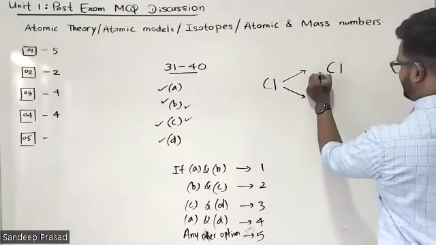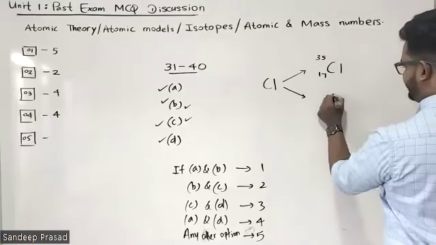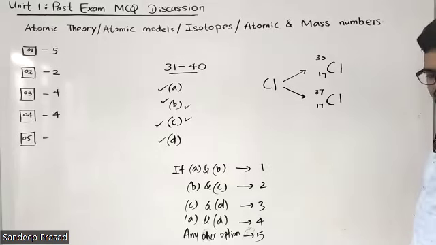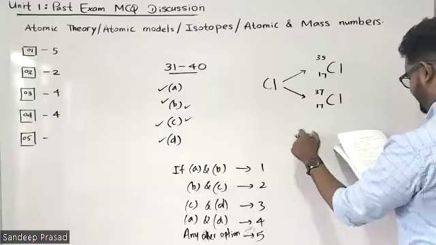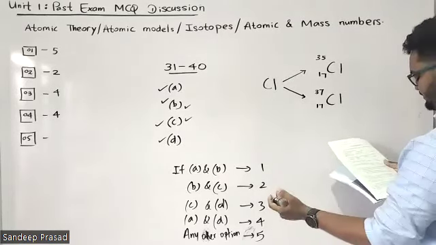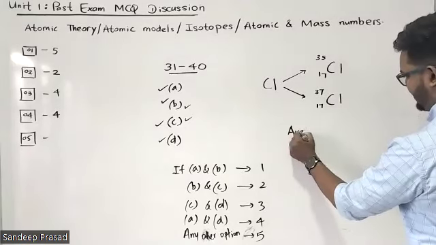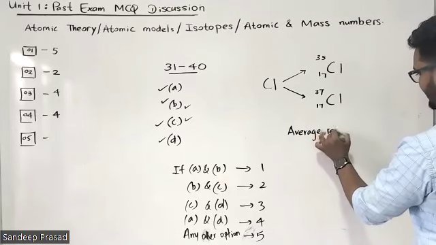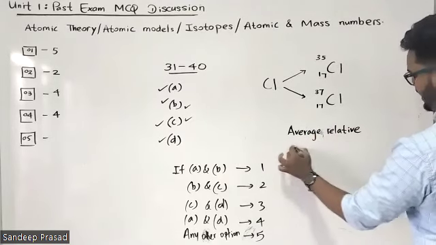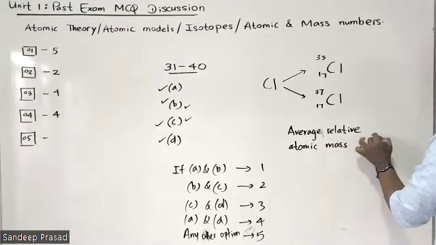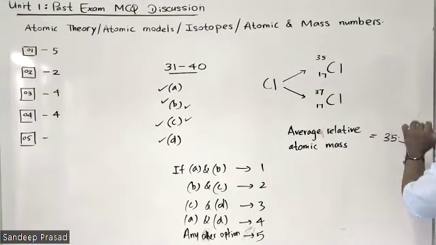The first one is chlorine 35 (17Cl 35) and the other one is chlorine 37 (17Cl 37). They have given the relative atomic mass; they haven't said average, but you have to know that we have done this calculation in the theory class. The average relative atomic mass of chlorine is 35.5.